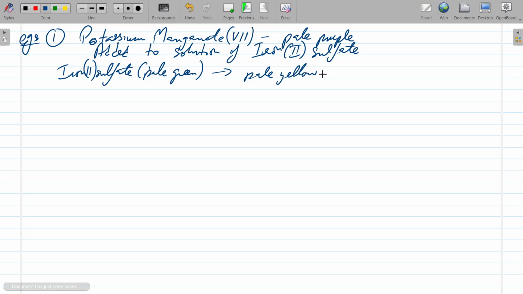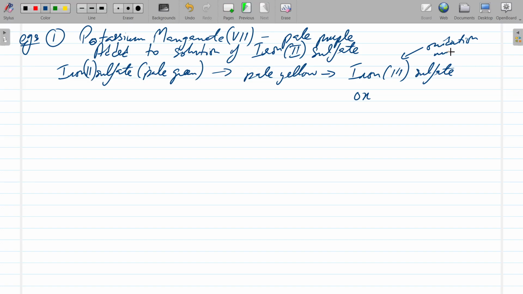And what this tells us is that the iron(II) sulfate has actually become iron(III) sulfate, which means the oxidation number has increased, and so it has become oxidized.